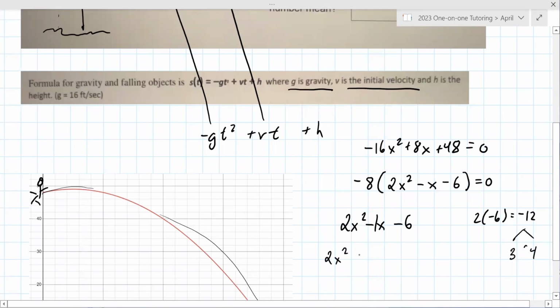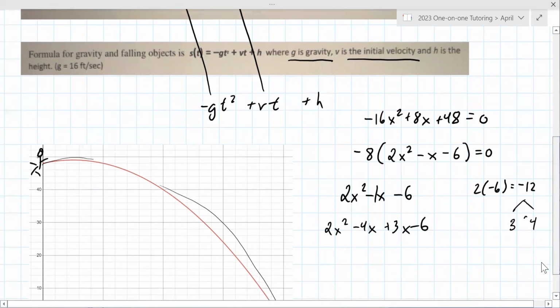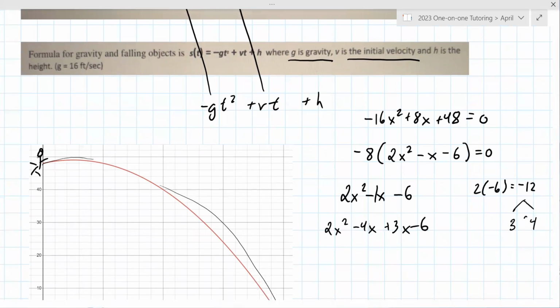So then it's a grouping thing. You're going to group the -4x with the 2x squared. Do you remember what to do from here? Find the greatest common factor of the first two.